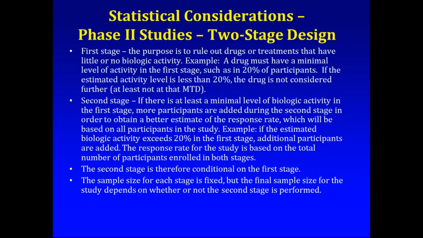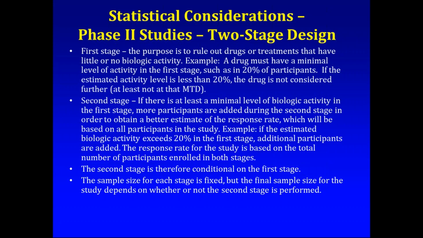And so these studies are designed, and again, the way you see it on the slide here, it's oversimplified, but there's more to it than this statistically. But we would say that there must be a minimal level of activity in the first stage.